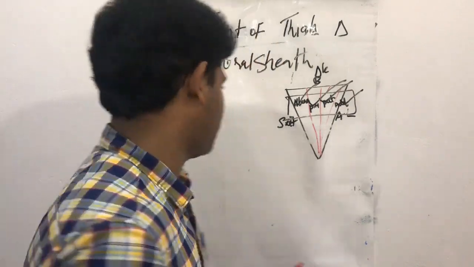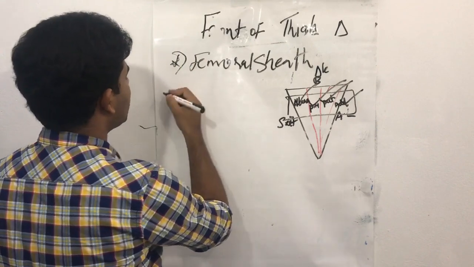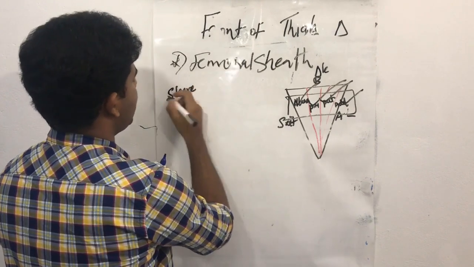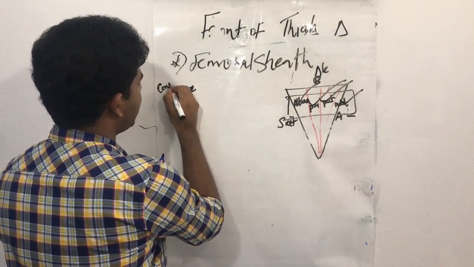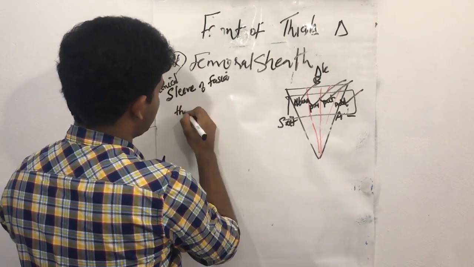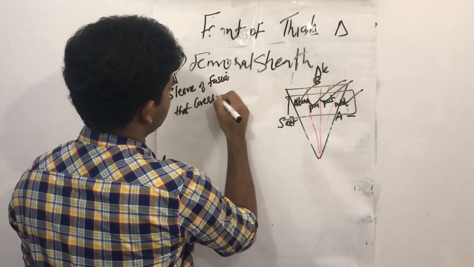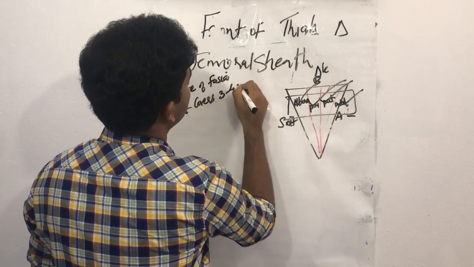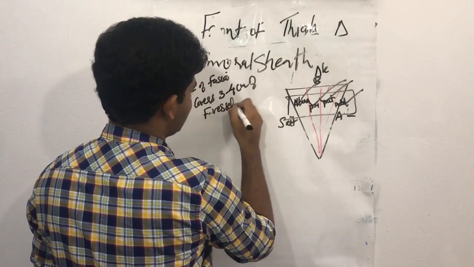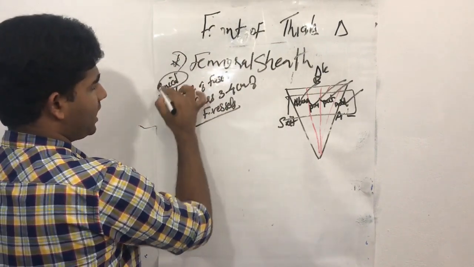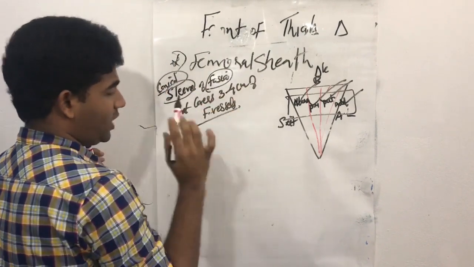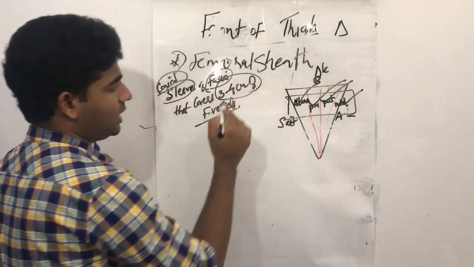What is femoral sheath? It is a conical sleeve of fascia that covers 3 to 4 centimeter of femoral vessels. So simple it is. It is a conical shaped covering of the fascia that covers the 3 to 4 centimeter of femoral vessels.